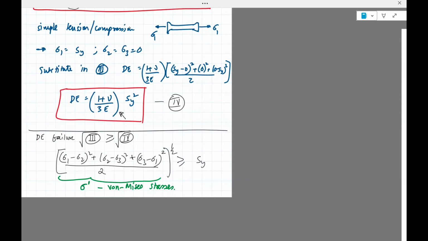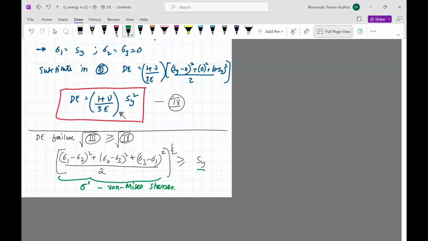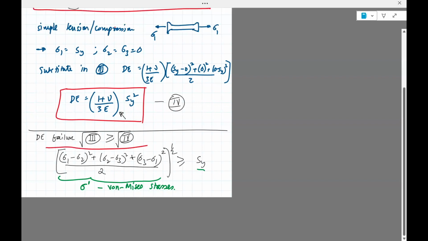So von Mises stress is given by this expression. When this stress exceeds the stress Sy, that's when you'll have failure due to distortion energy. Okay, so that's the final expression. So all you do is you compute von Mises stress and you set it equal to Sy.